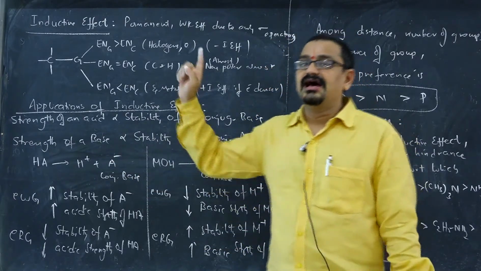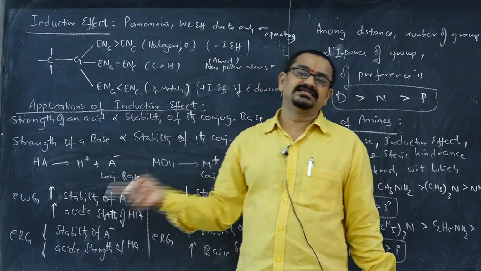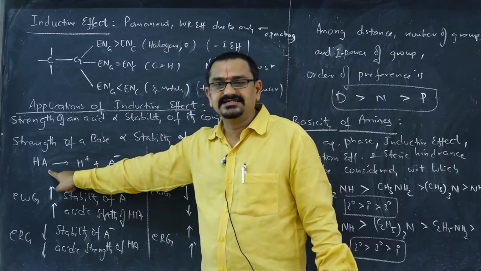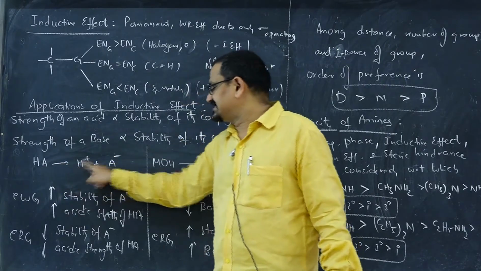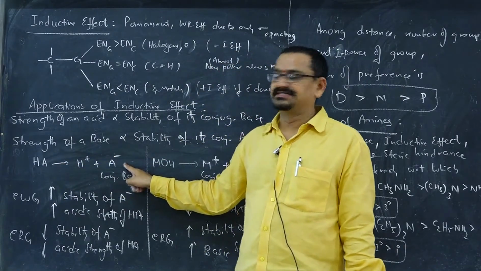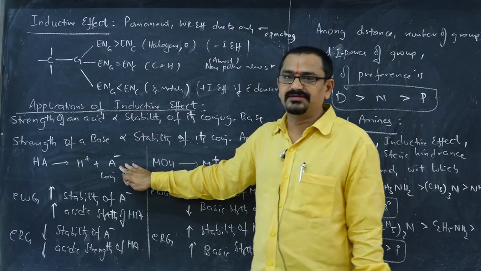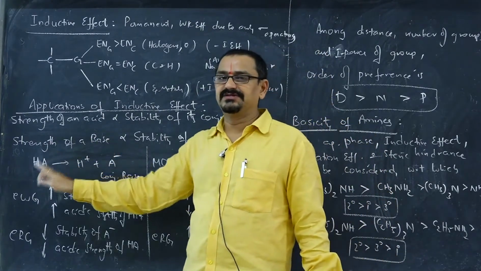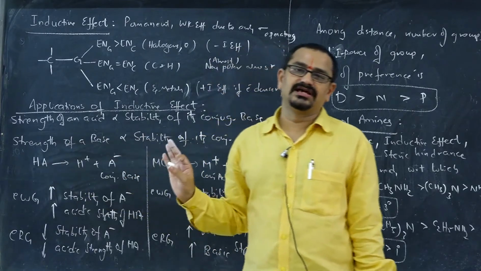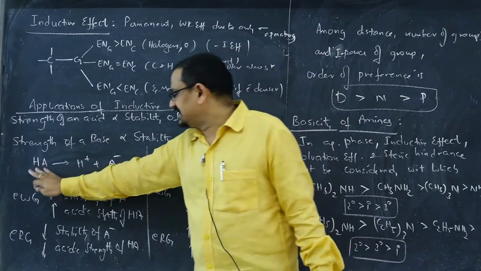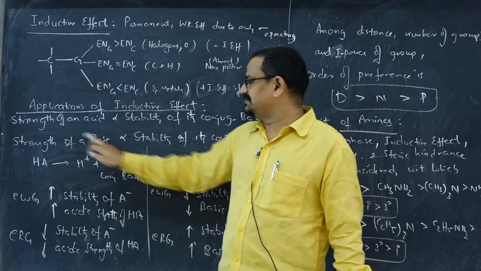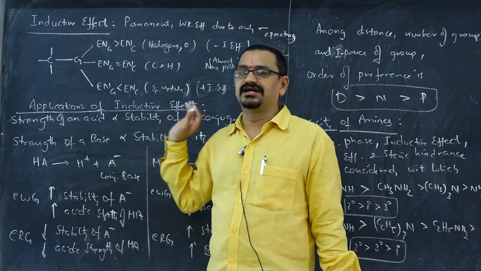For example, an acid is said to be a strong acid if its conjugate is stable. For example, HA is an acid. It is behaving as an acid and generating its conjugate base. If this conjugate is more stable, it means it is not reactive, the backward reaction won't take place, then HA is said to be a strong acid. HA is an acid, A minus is its conjugate base. If the conjugate base is more stable, then the parent acid is said to be a strong acid.